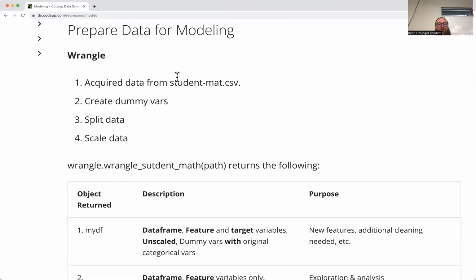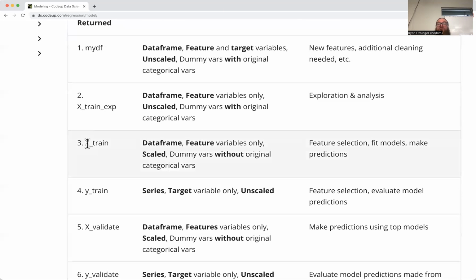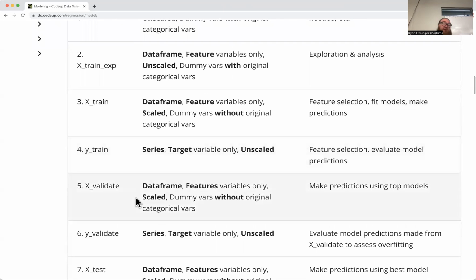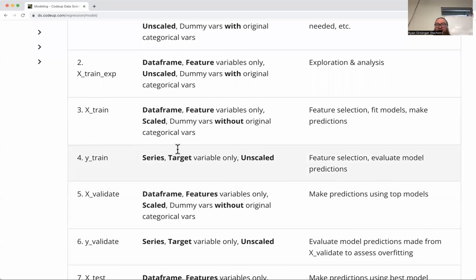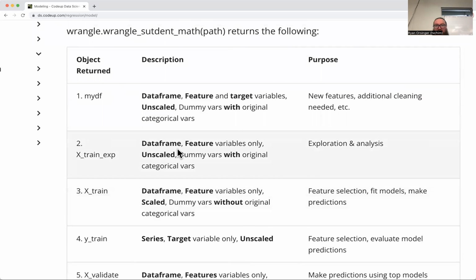As always, we prepare our data for the modeling itself and separate the X train, X validate, and X test from the y variables as well. Let's see. So we'll have our big data frame of everything before we split it.